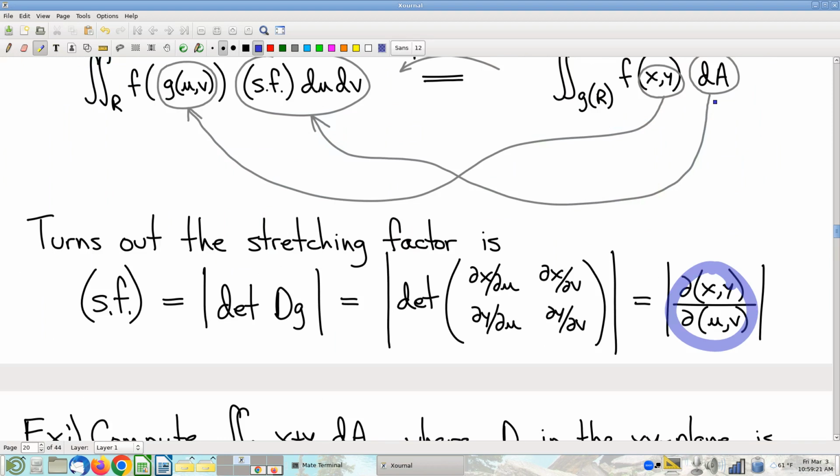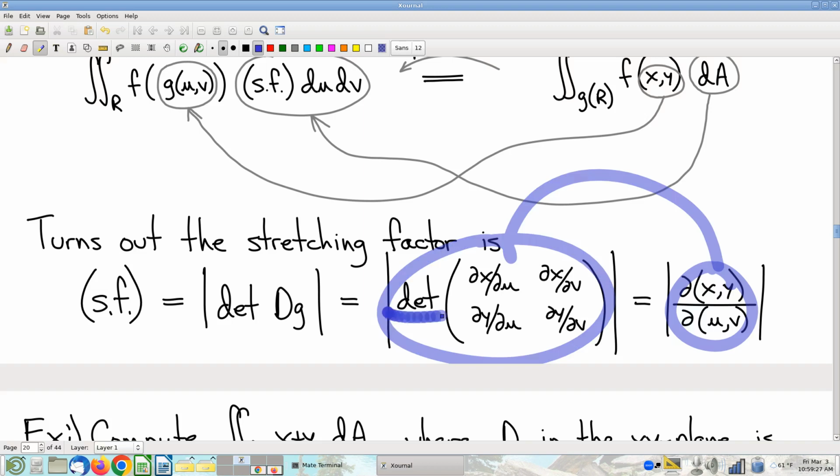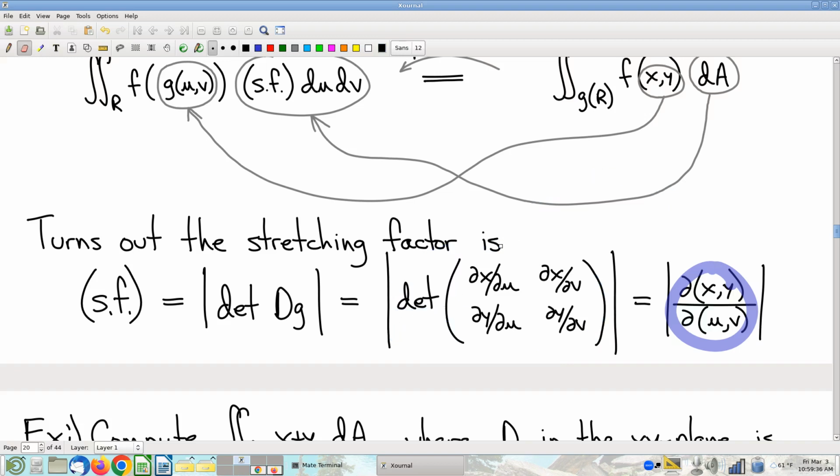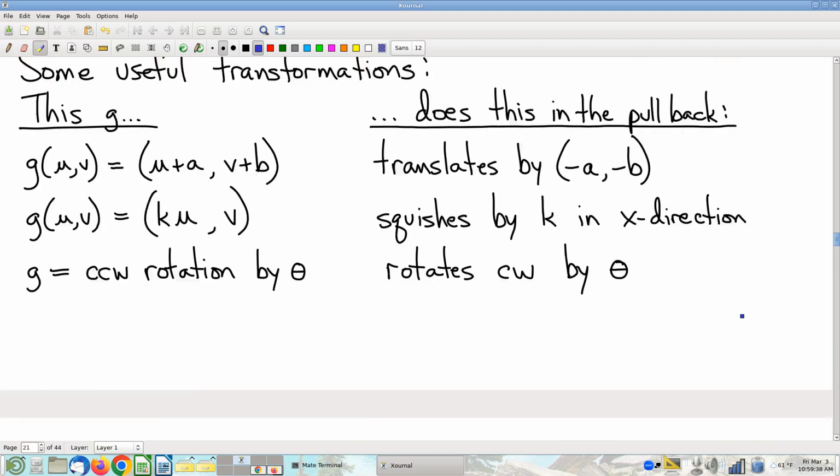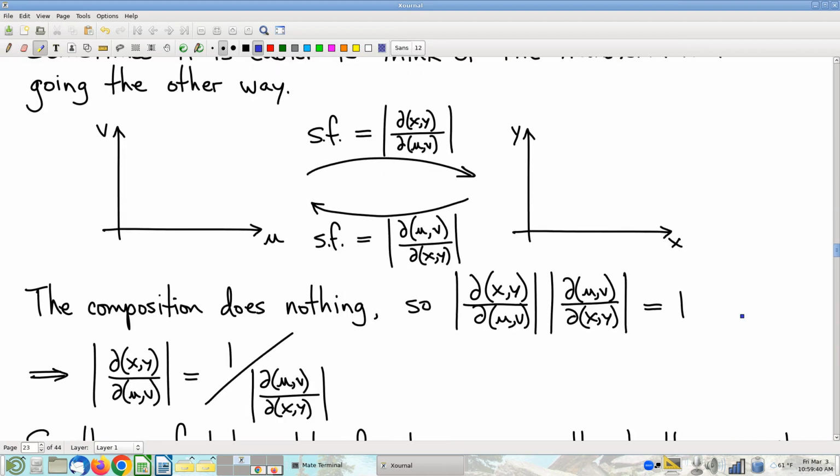It's abusing the notation of a fraction. It's not a fraction. It's a determinant. So anyway, this is a non-trivial fact when I claim that when you go the other direction, the stretching factor is just the reciprocal of the other stretching factor.